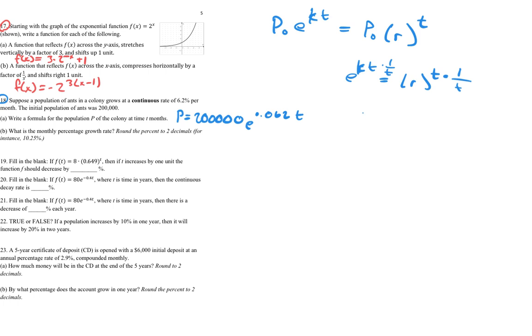And if you do this, you get that r is going to equal e to your continuous rate. So if we plug this in here, we get that r is equal to e to the 0.062. And then if we plug this into our calculator, we get that our percentage growth rate per month is 6.40%.